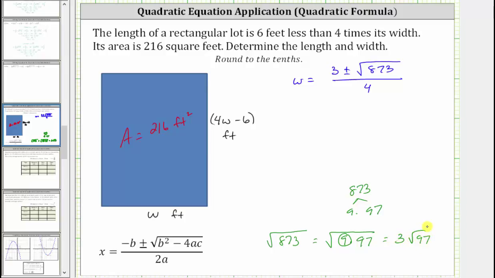So again, it's not required because we're asked to round to the nearest tenth, but if we did want to simplify this, we would have w equals 3 plus or minus 3 square root 97, all divided by 4.